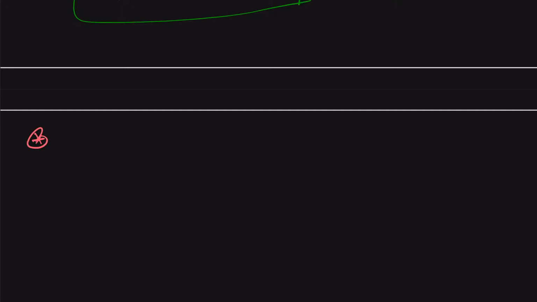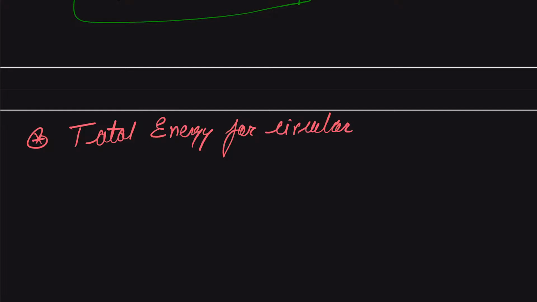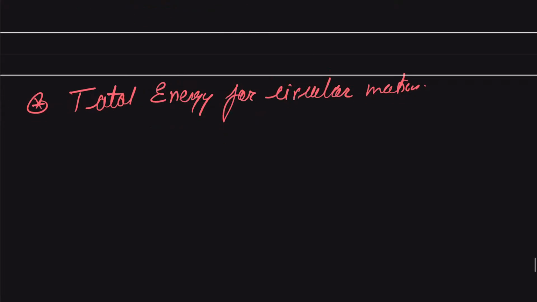So you can say total energy for circular motion, and it is given in the question that its radius is RC. Therefore we can say that the centrifugal force is going to balance the central force.